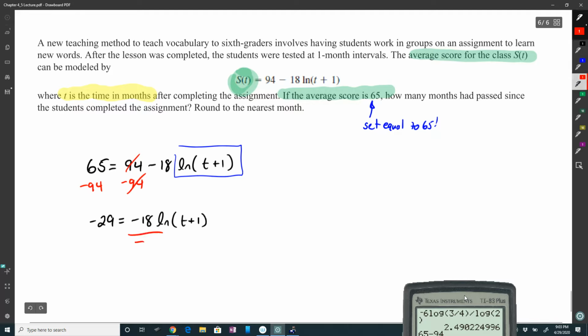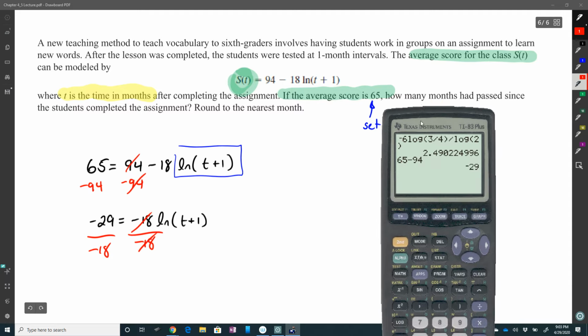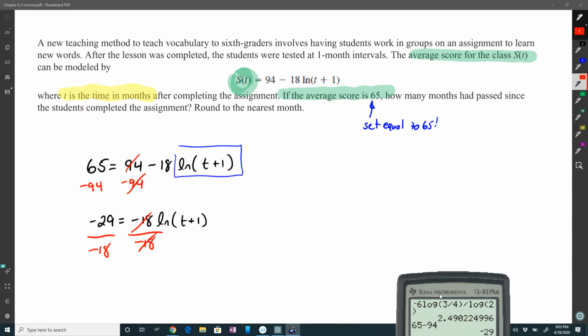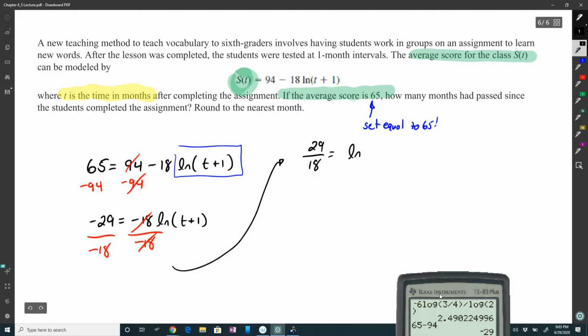I can divide by negative 18, and I'm just going to leave it like that. So I have 29 over 18 equals ln of t plus 1.